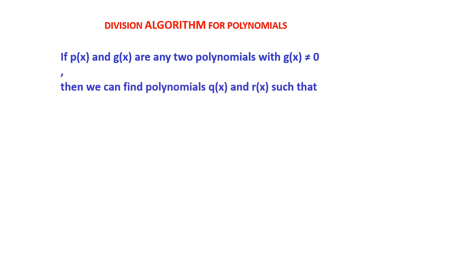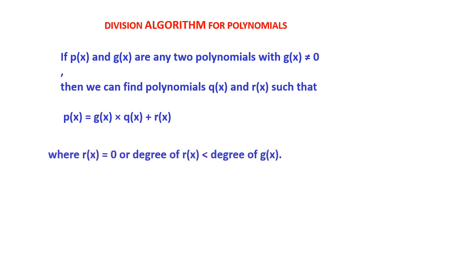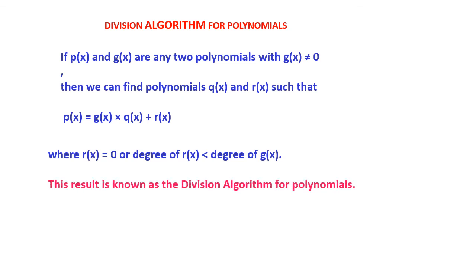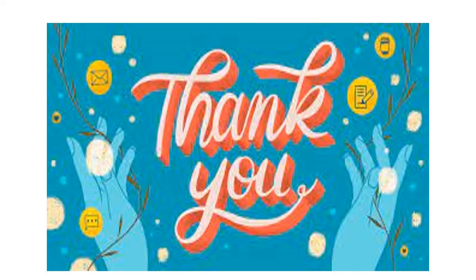Then we can find two polynomials, qx meaning quotient and rx meaning remainder, found by us on performing the division. Then px will be equal to gx into qx plus rx, where rx can be 0 or the degree of rx should be less than the degree of gx. This result is known as the division algorithm for polynomials.